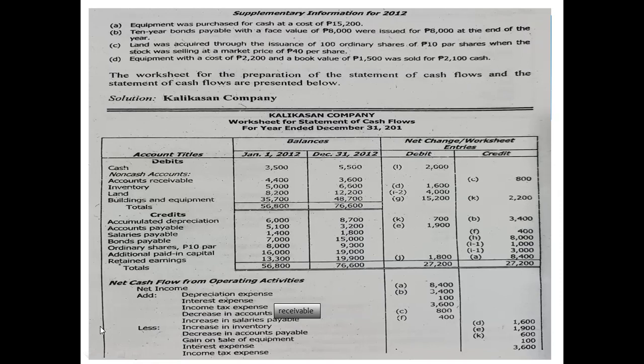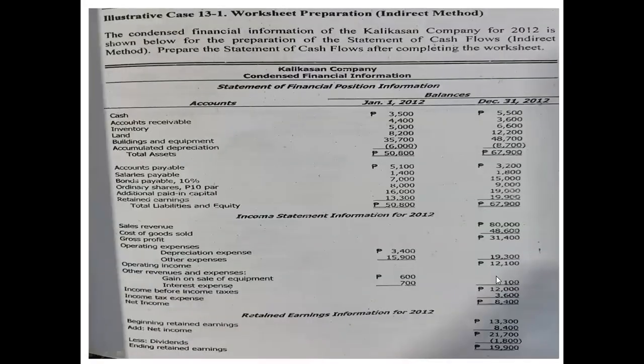Let us first focus our attention on this portion. We have here net cash from operating activities, like our adjustments. So the net income, 8,400. This data was taken from the income statement.